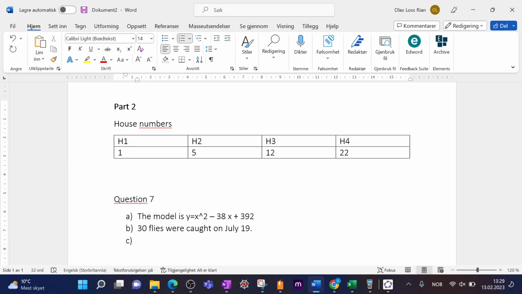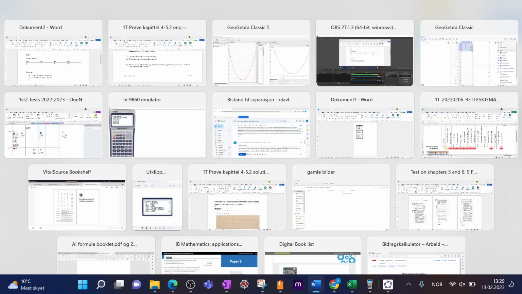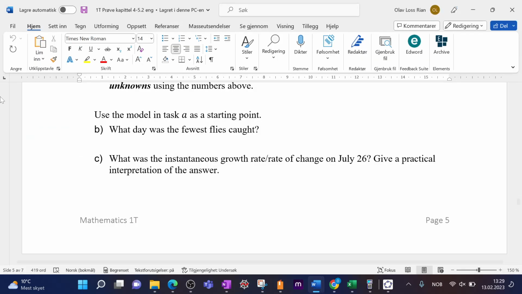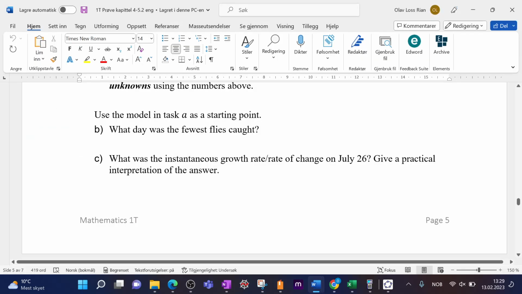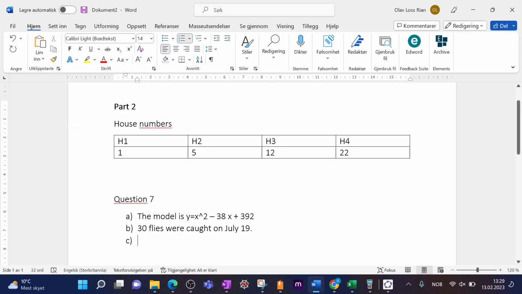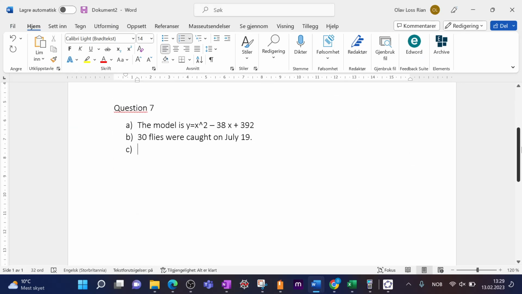Question C. What is the instantaneous rate of change? What is the instantaneous growth rate or rate of change on July 26th? Give a practical interpretation of the answer. And instantaneous rate of change, that was the last thing we looked at before the test.